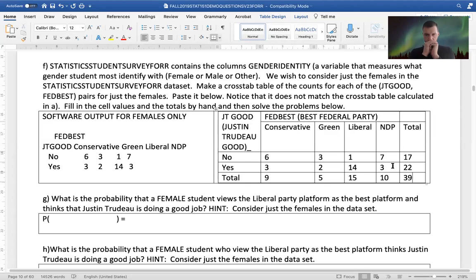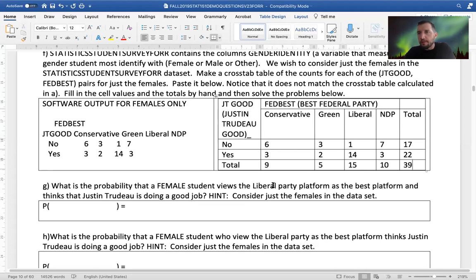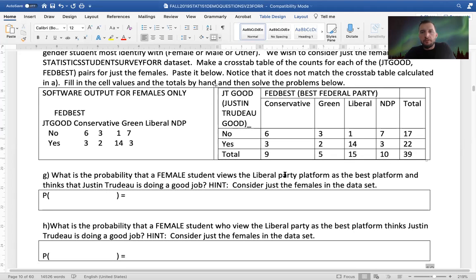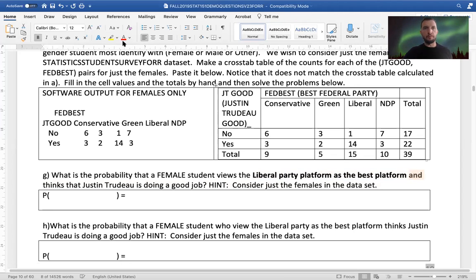Okay, now we can basically do exactly what we did before. We're going to be following the same rules. We're just using a smaller contingency table. So what is the probability that a female student who views the Liberal Party as best and, the operative word being and here, thinks Trudeau is doing a good job.